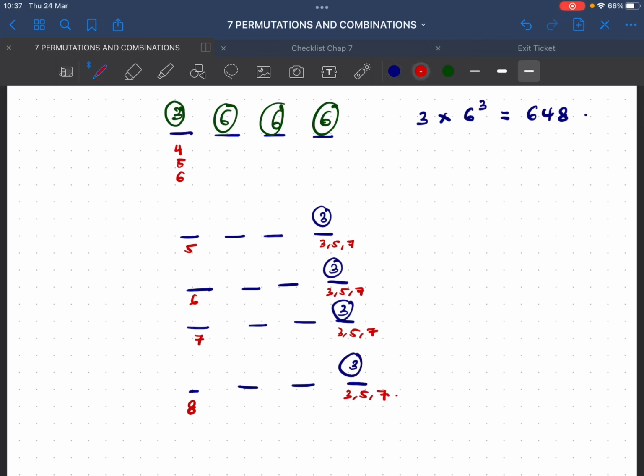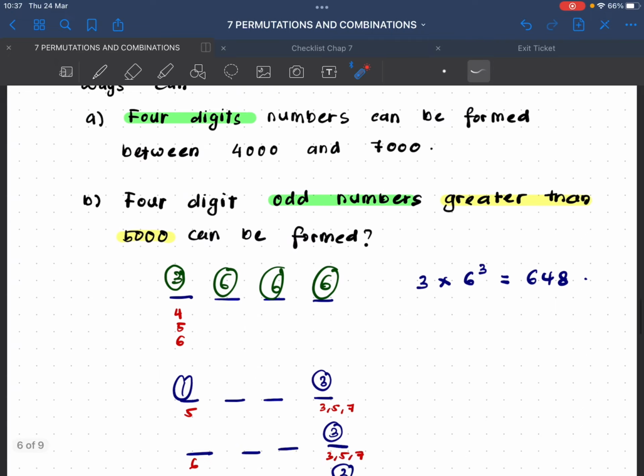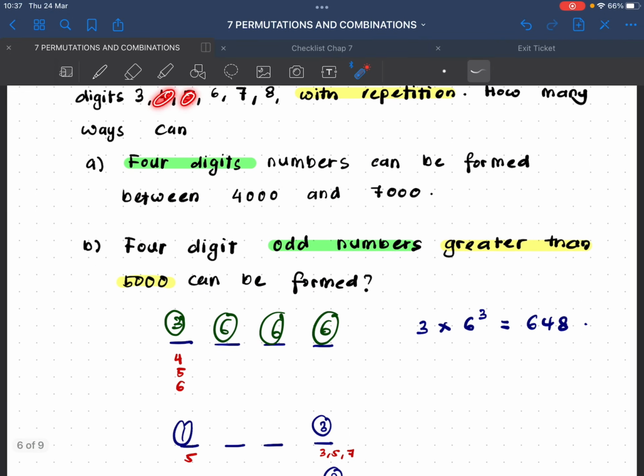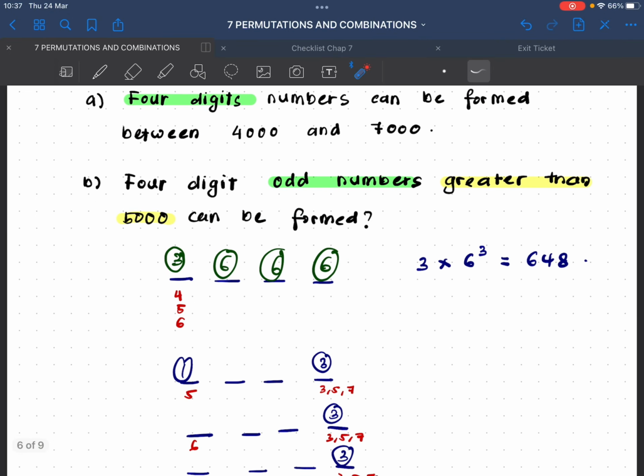Now how are we going to do this is, ini 5 particular, memang satu je lah, kita akan letak satu je, which is 5. So the rest yang di tengah-tengah ni boleh repeat. Kalau kamu dah letak 5 dekat sini, kamu masih lagi boleh letak 5 kat sini. So that means all 1, 2, 3, 4, 5, 6 digit ni boleh diletakkan di tengah-tengah.